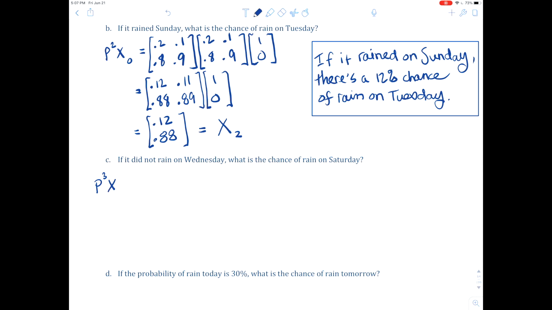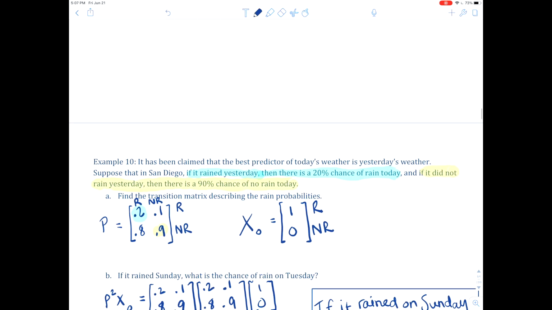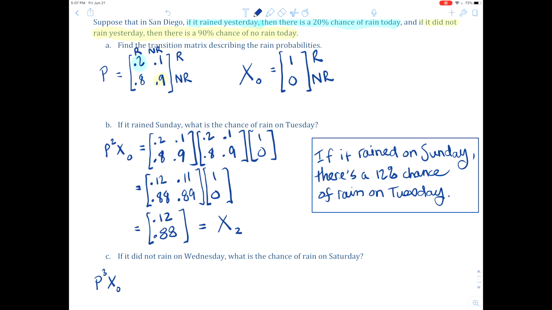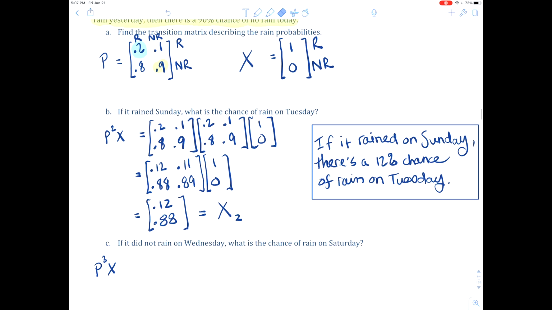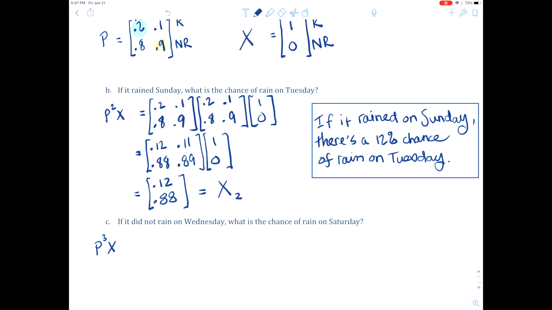well, x0, but we're starting with no rain, right? So this one that we did up here is showing that it rained. So this is the one, maybe instead of x0, we could call this XR for the rain probability.